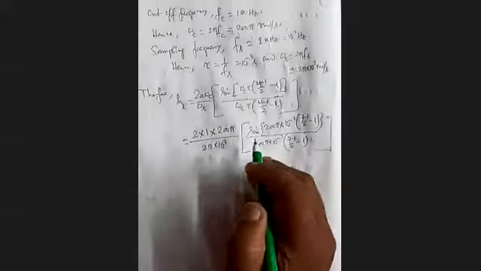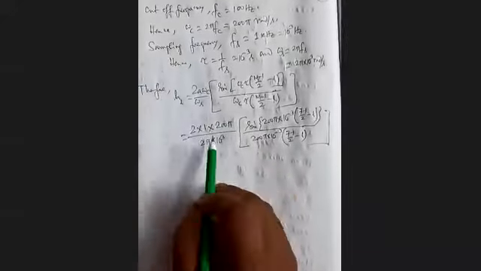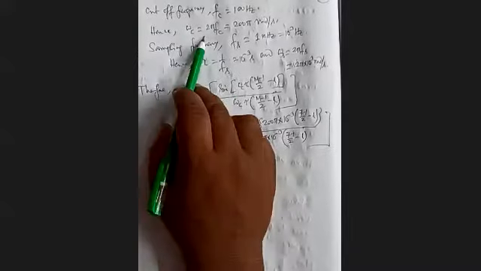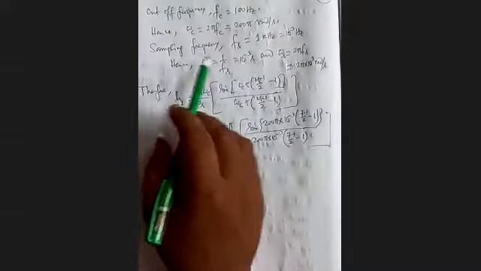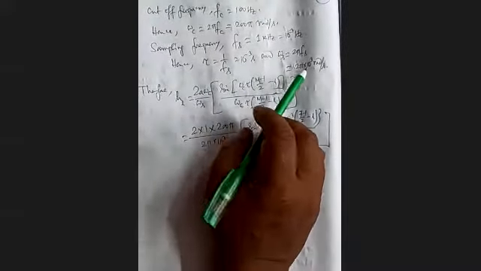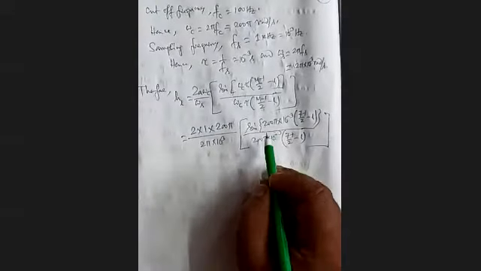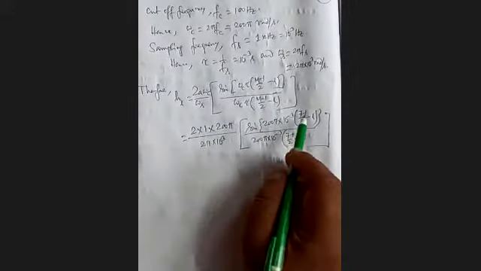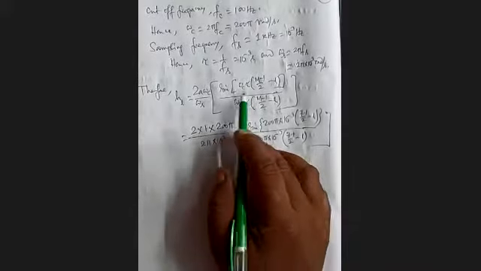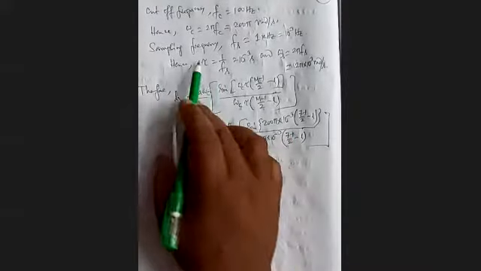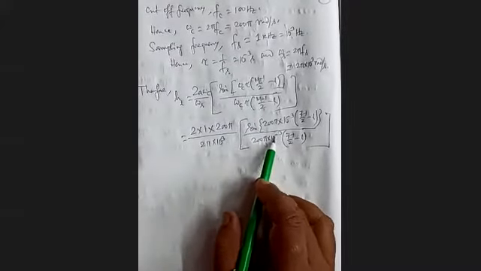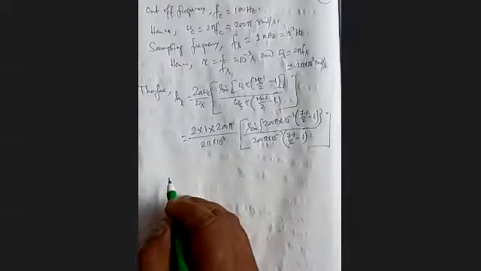Let's see again. So A equal to 1, we substitute omega c 200 pi. Omega s is 2 pi into 10 to the power 3. M is 7. So here also omega c tau is 0.2 pi, with tau 10 to the power minus 3. All such things we have put.